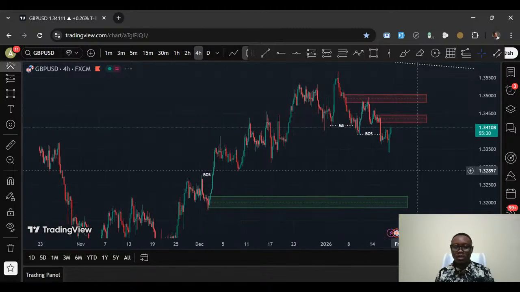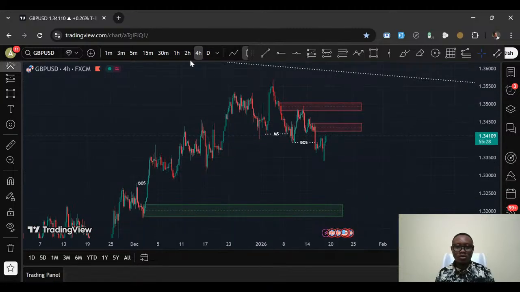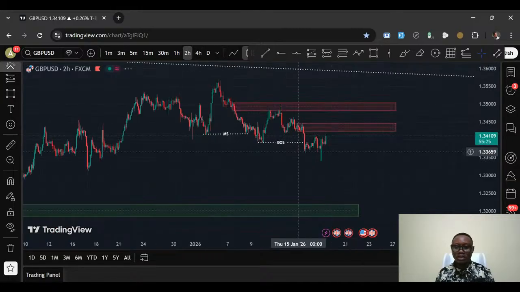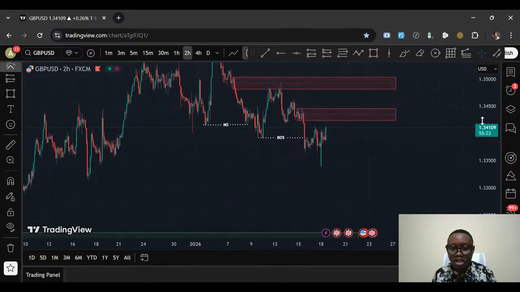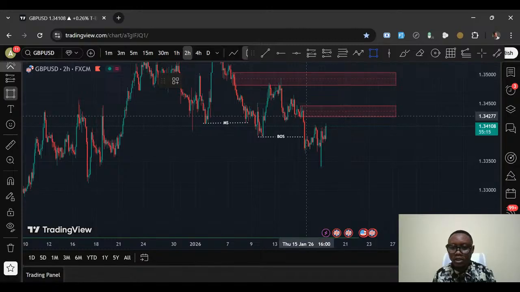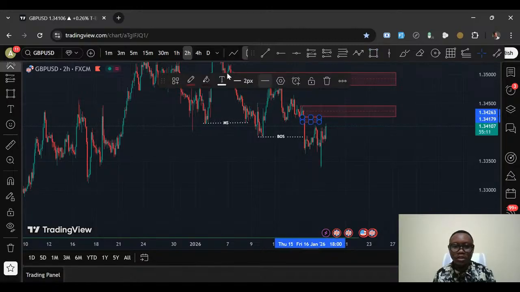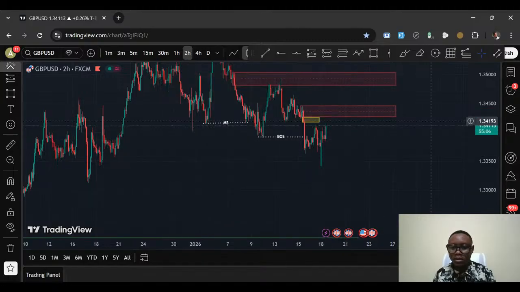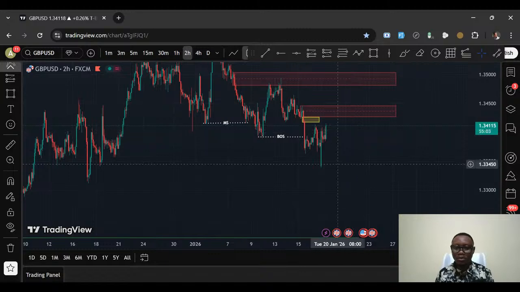So let's drill down to the 2H time frame to further refine our zone. On the 2H time frame, we have this, our FVG, fair value gap. We're waiting for price to tap into this, then we take our trade.